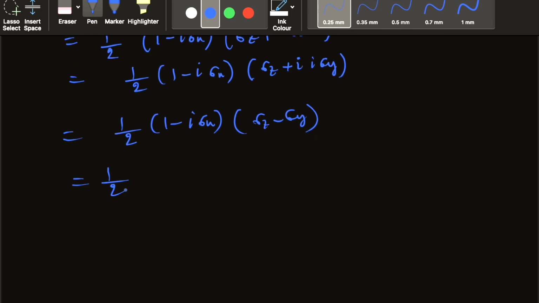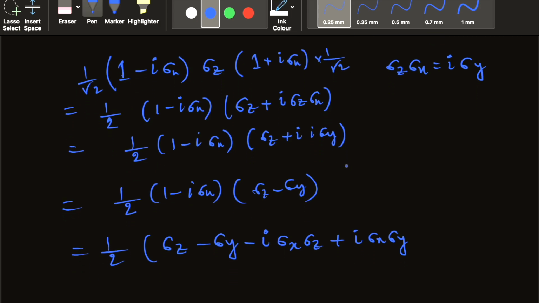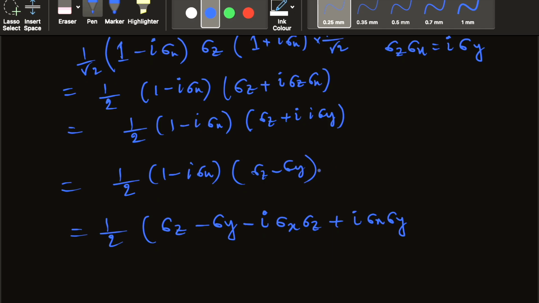That will be half into (sigma z minus sigma y) into again minus i sigma x sigma z and plus i sigma x sigma y. So here will be a plus sign.